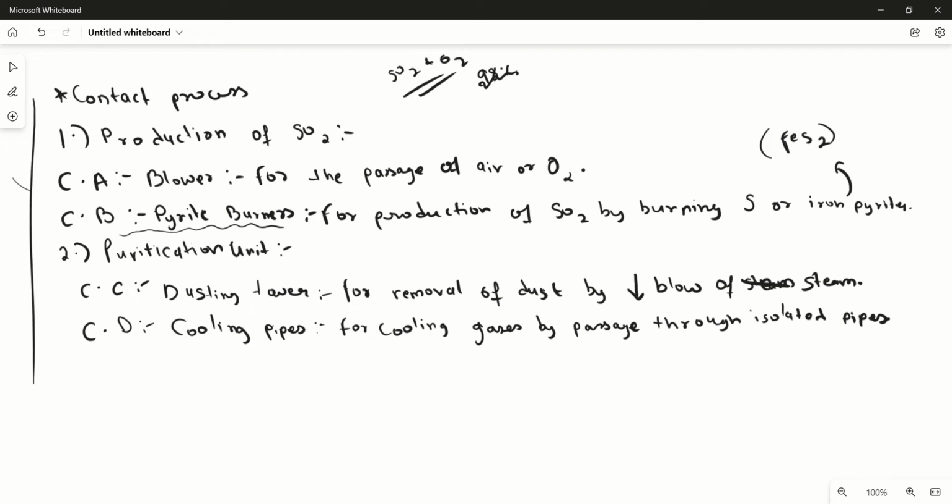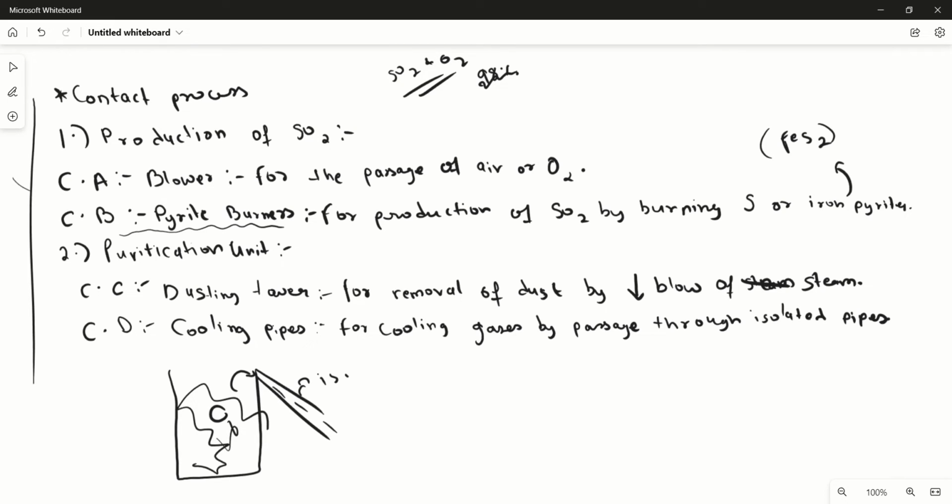Basically, there'll be our chamber C. It'll be connected like this. It'll dust off everything here. It's all dusted off, and then it goes through here, and this is called an isolated pipe.